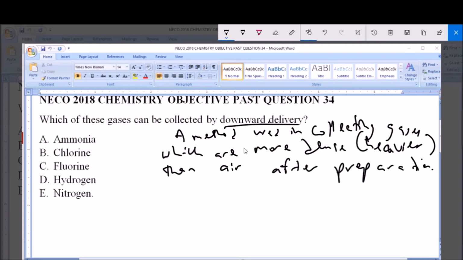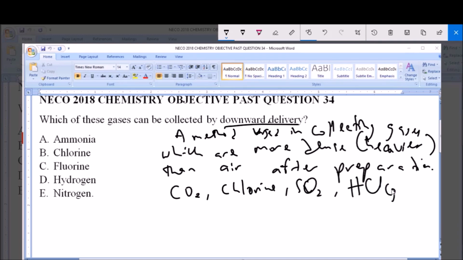Examples of gases that are collected by downward delivery include carbon dioxide, chlorine, sulfur dioxide, hydrogen chloride gas, etc. All these gases are more dense than air.